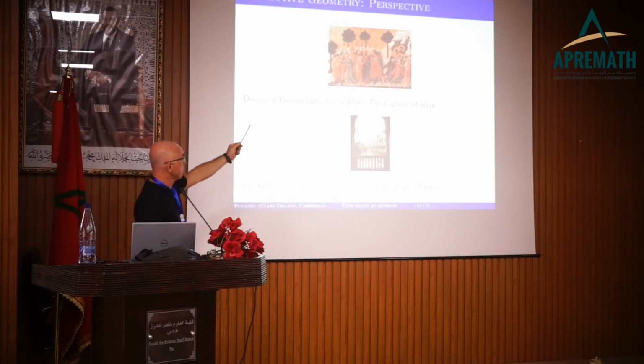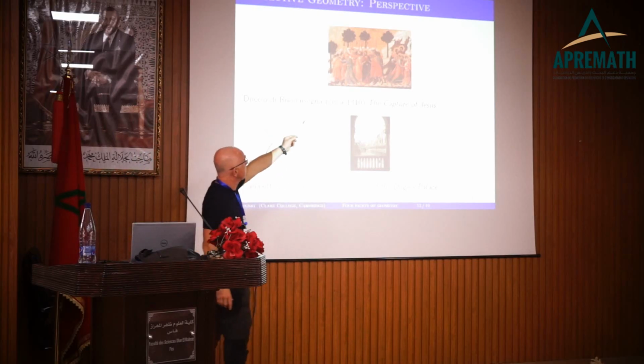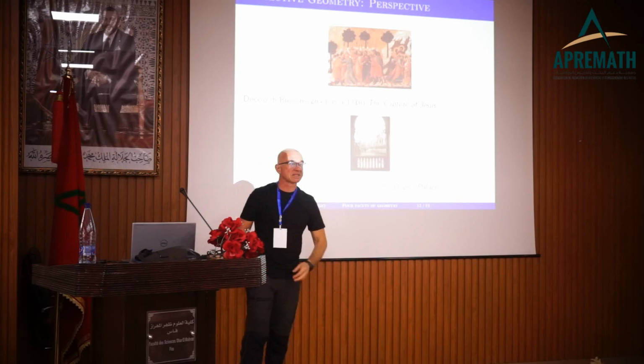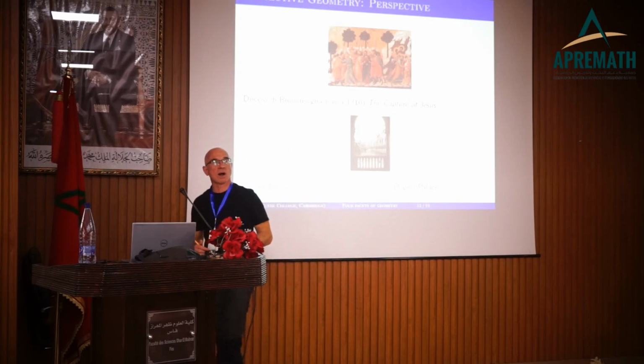So let me motivate the subject with 2 paintings. The first one is a late medieval painting by Duccio di Buoninsegna, and on this painting you see people and you also see trees, and the trees are bigger than people, and that's okay because that's how things are.